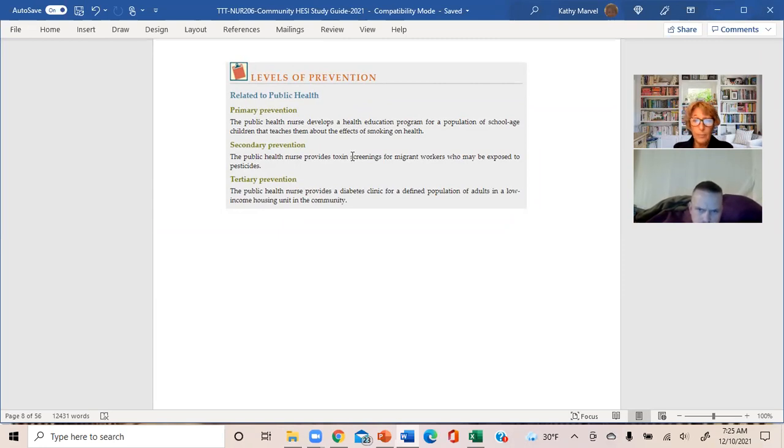Screening, or preventing any further complication from a potential or noted illness. Yeah, and what I like to call secondary is early identification and early intervention. Okay. Tertiary. What's tertiary?